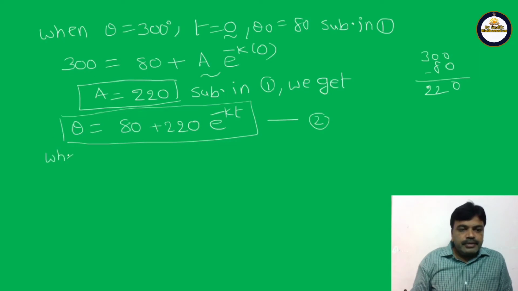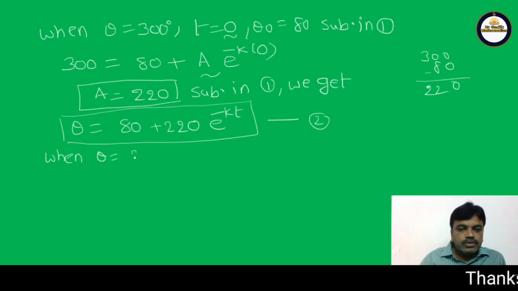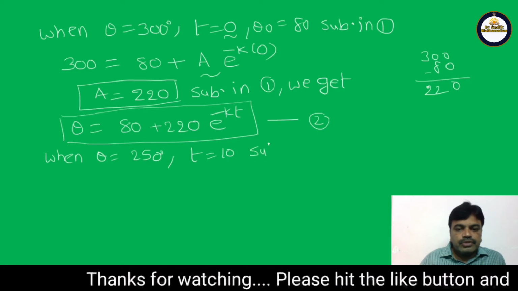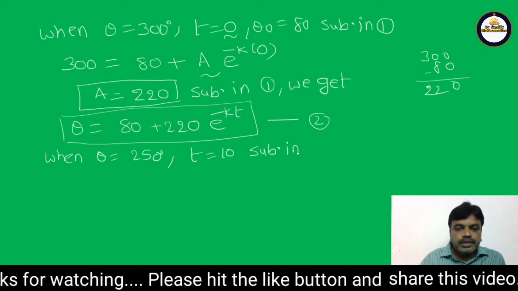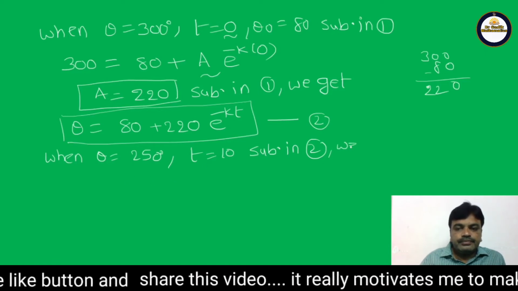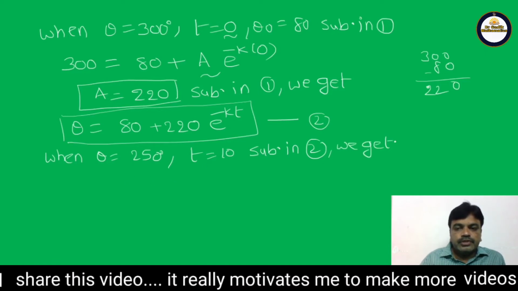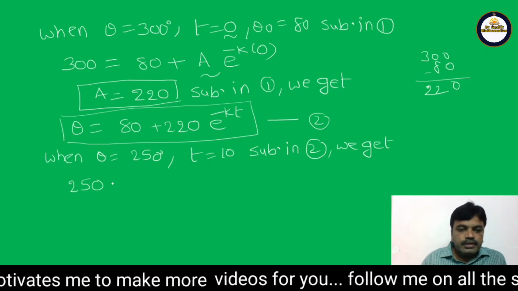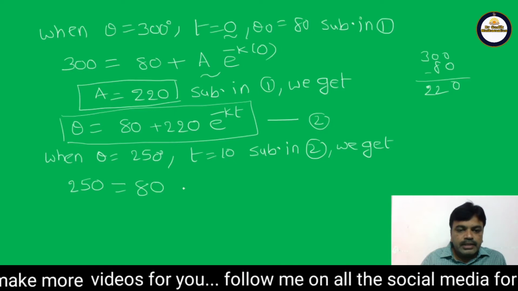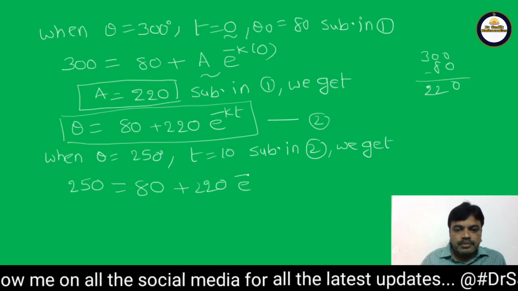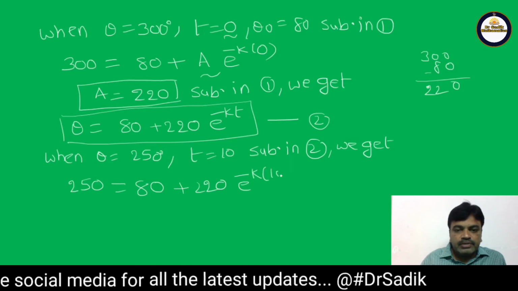When θ is equal to 250 and t is equal to 10, substituting, we get 250 equal to 80 plus 220 into e power −k into 10.